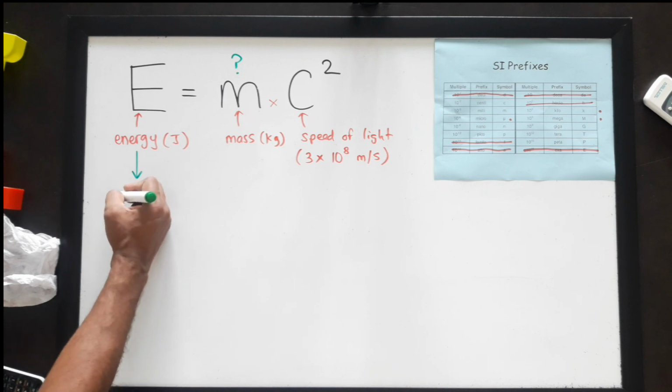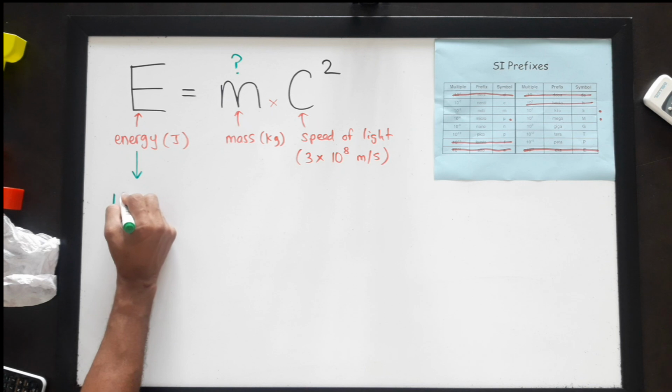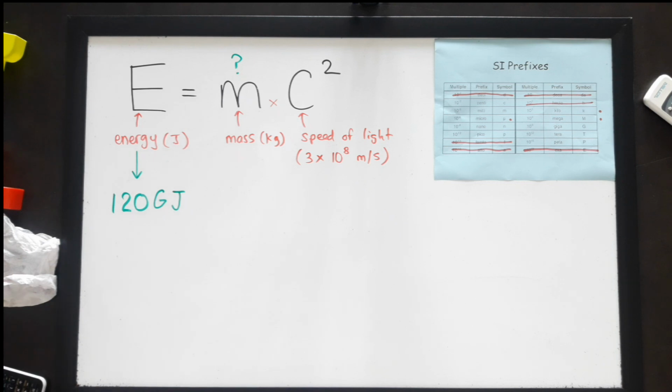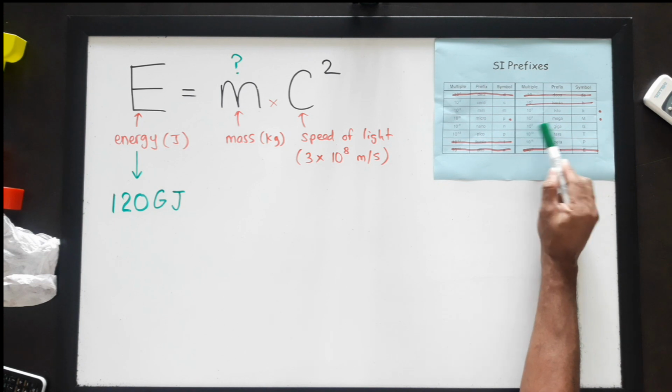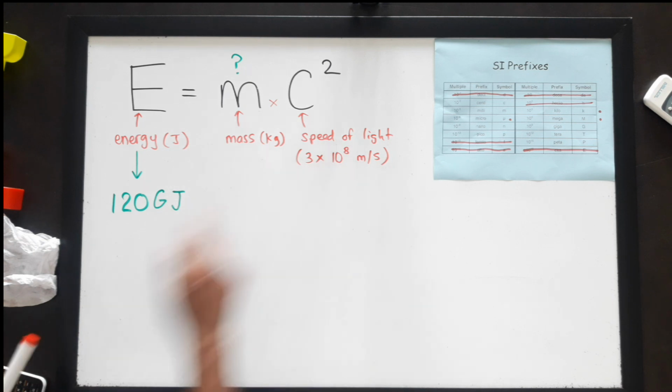Let's say the value of the energy was 120, but he didn't put regular joules. He put capital G and then the J. The capital G stands for giga, and giga means 10 to the power 9.